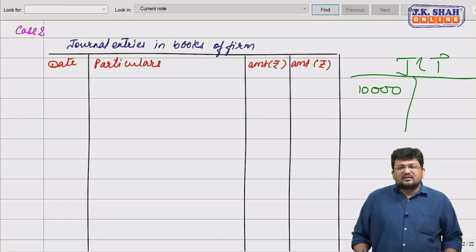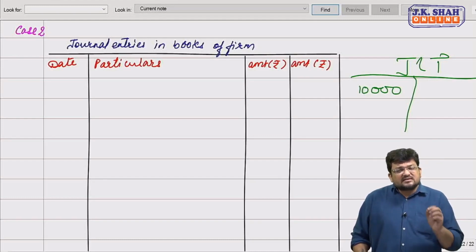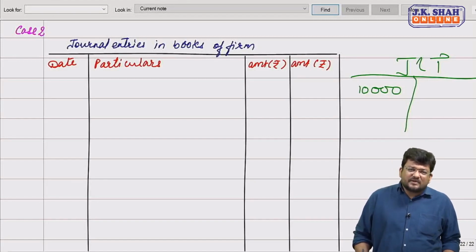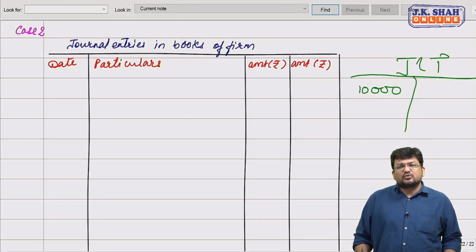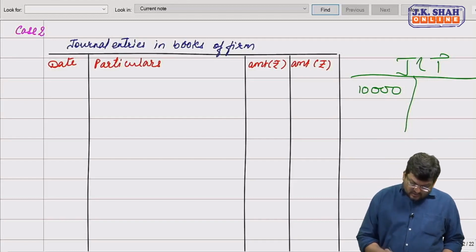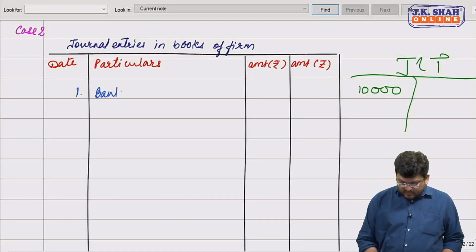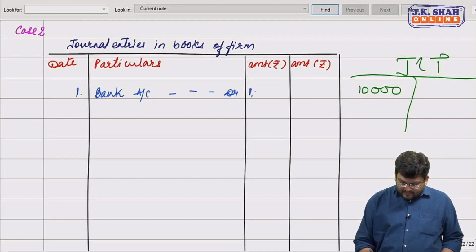On death of a partner, can I say the policy has matured? Since there is death of a partner, the policy has matured and the insurance company will pay the entire sum assured to the firm. So for collecting that entire sum assured, the first entry would be bank account debit 1 lakh to joint life policy account.